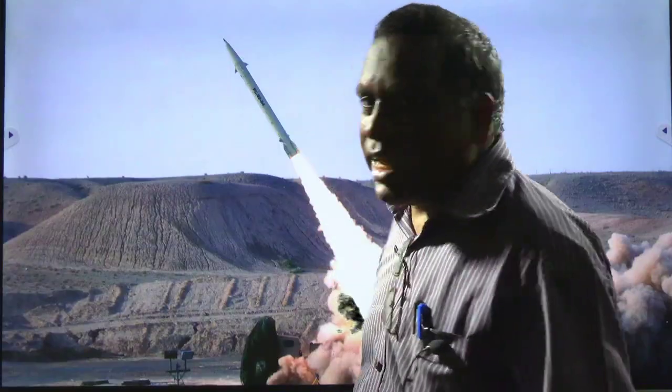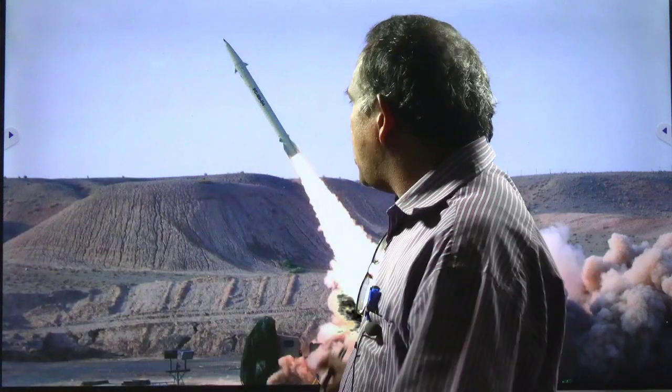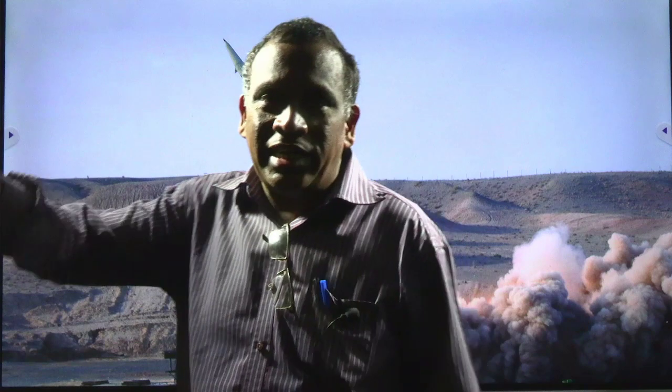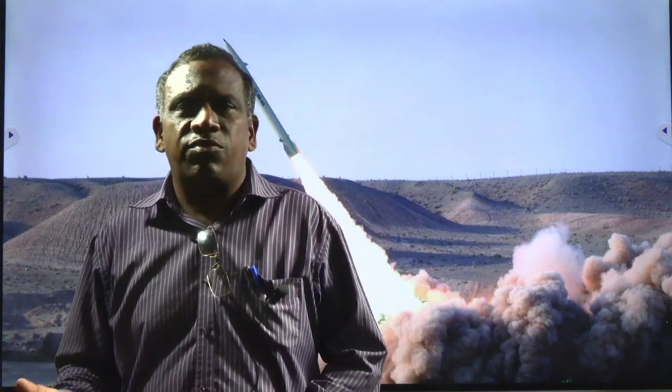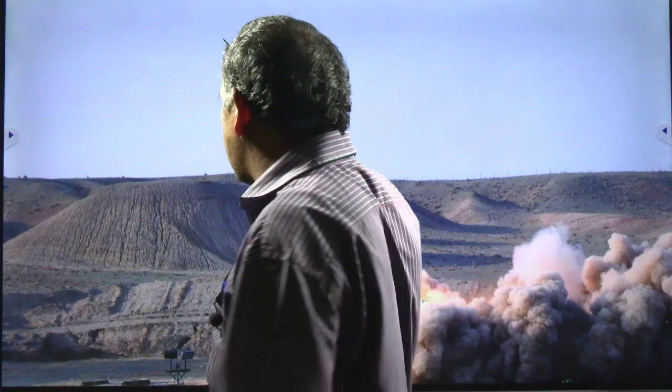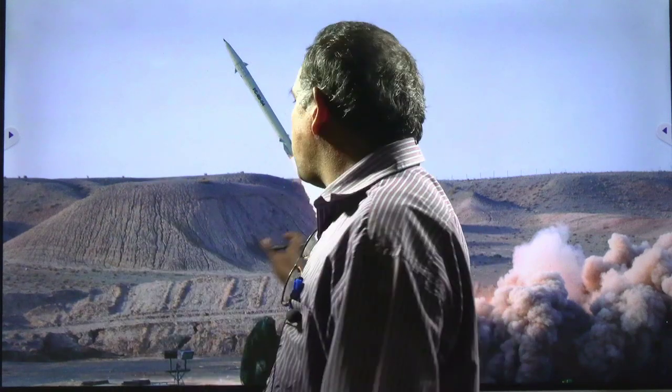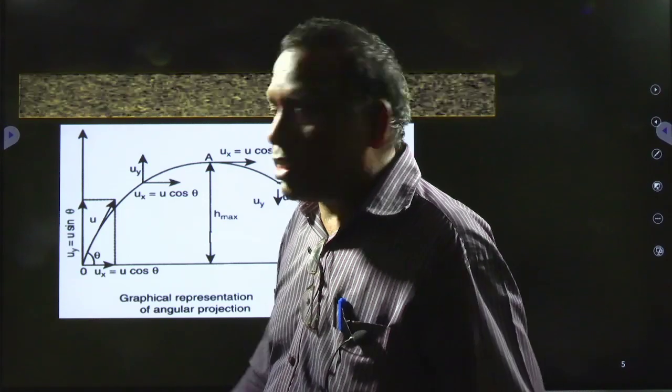Here there is a missile going to hit. Since the last year of the Russia war, Ukraine is facing different explosions, different missiles, coming from the land of Russia and hitting targets in Ukraine. These are possible only through projectiles.